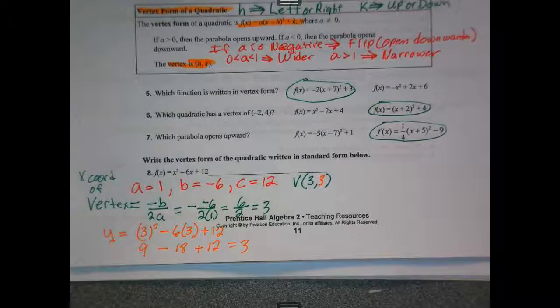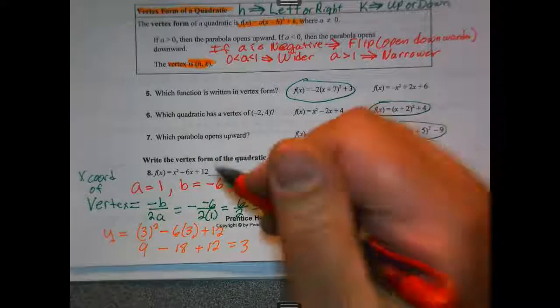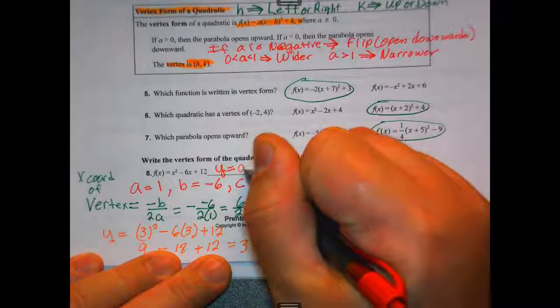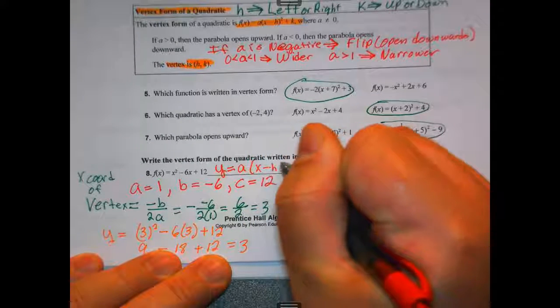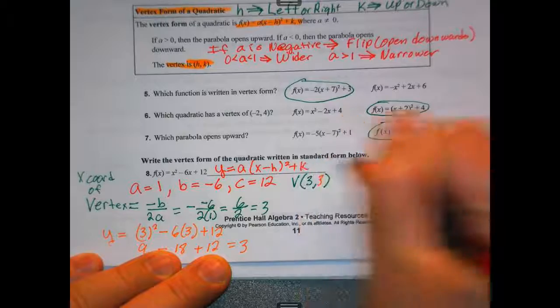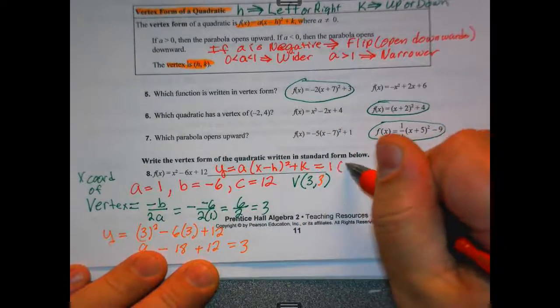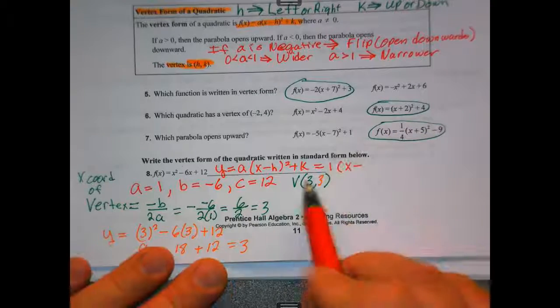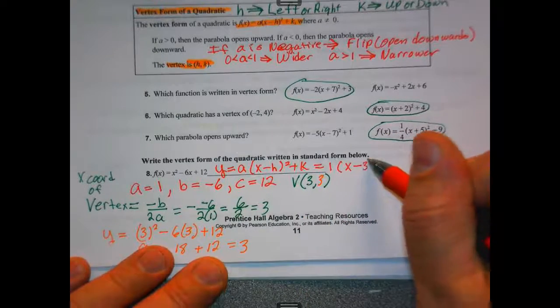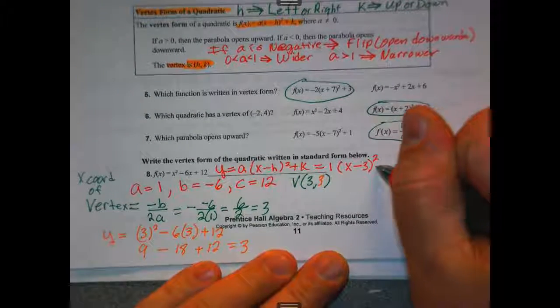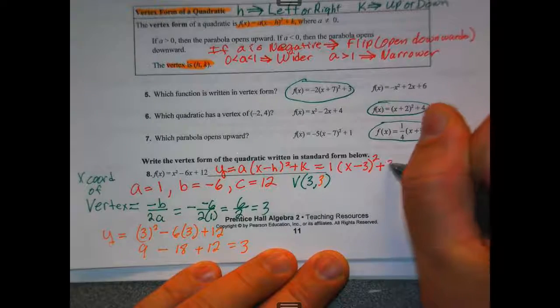All right, do I have everything for vertex form? Let's see, y equals a times quantity x minus h squared plus k. My a is 1. X minus my h, which is 3, squared, plus k, which is 3.